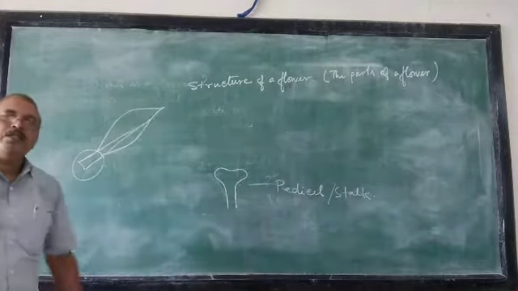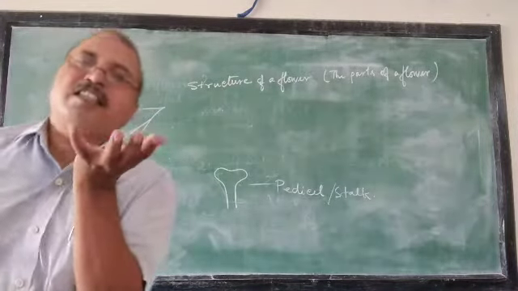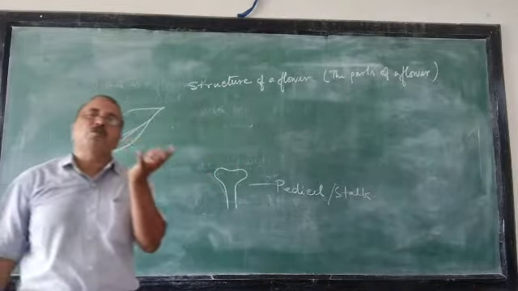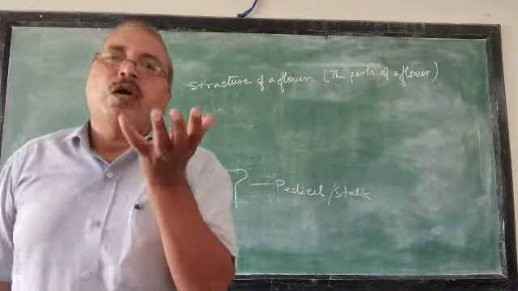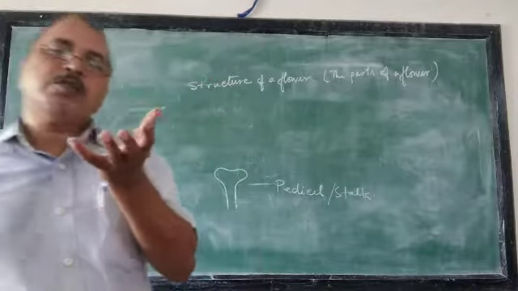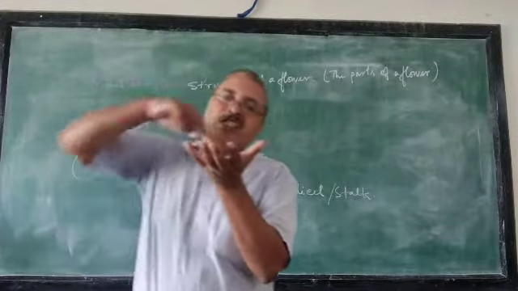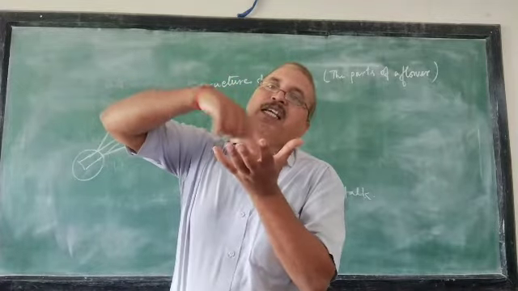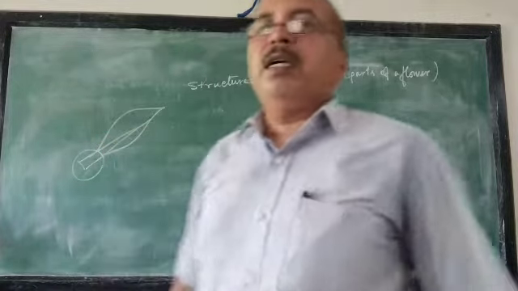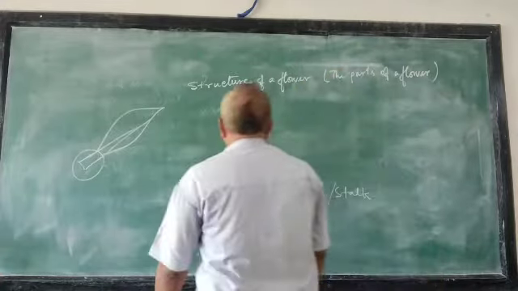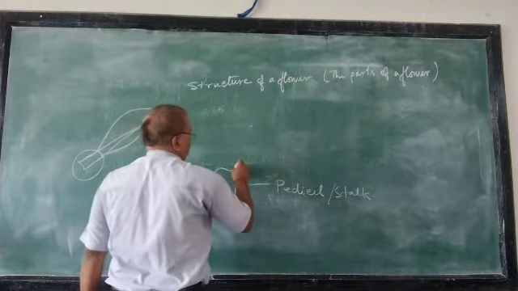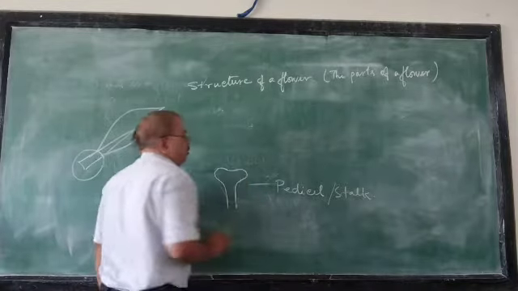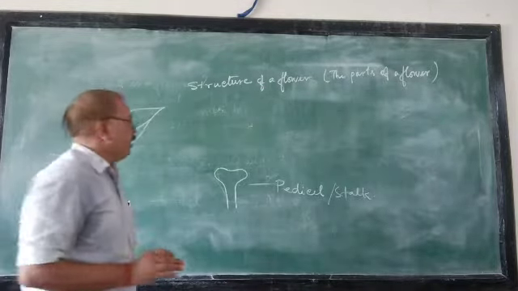Right? This is a plate-like structure, on which all the different whorls of the flower sit. I told you, whorls means they are present in a circle. The parts are arranged in a circle, right? So the next circle there is of sepals, right?